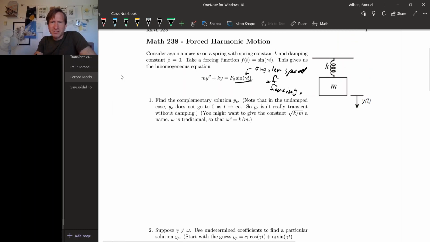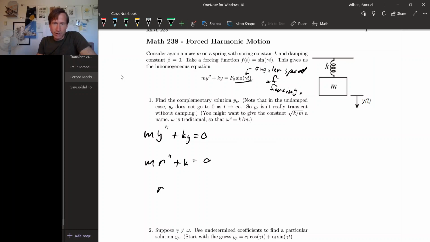First, find the complementary solution. That's the solution to the associated homogeneous equation, which is m times y double prime plus k times y equals 0. The characteristic equation is m r squared plus k equals 0.